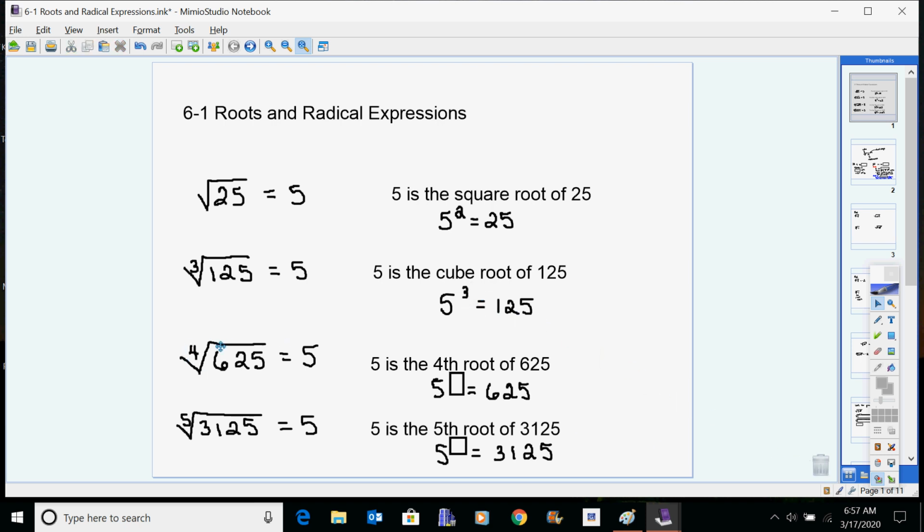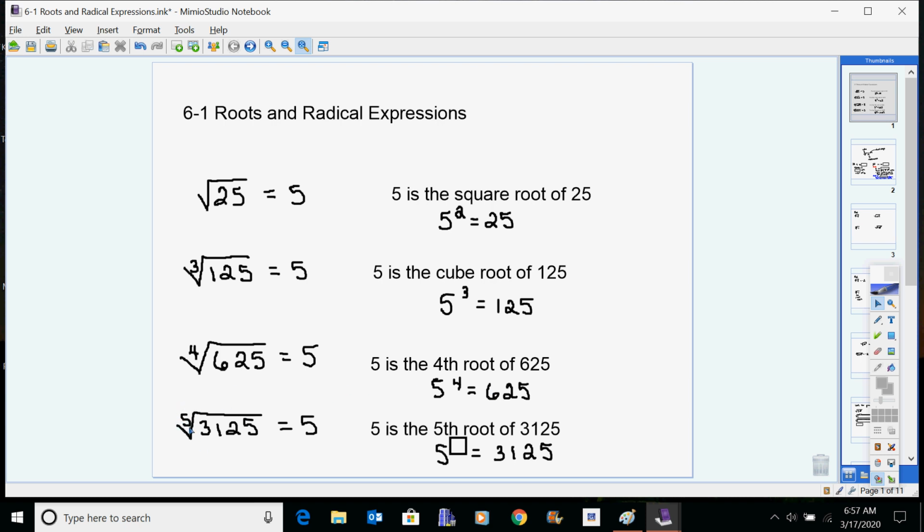Once again, there's a 4 in the radical sign, and so we would call that the fourth root of 625 equals 5, because 5 times 5 times 5 times 5 equals 625. 5 to the fourth equals 625. Same thing here.